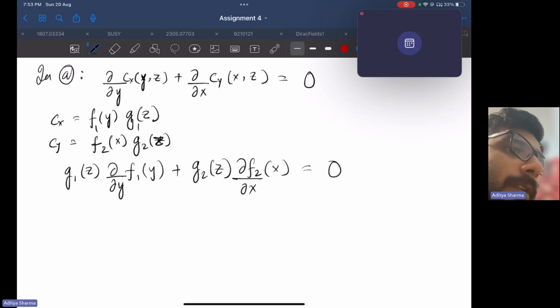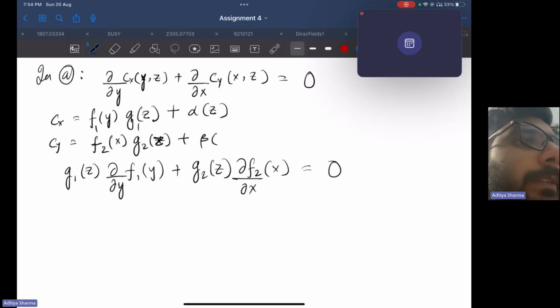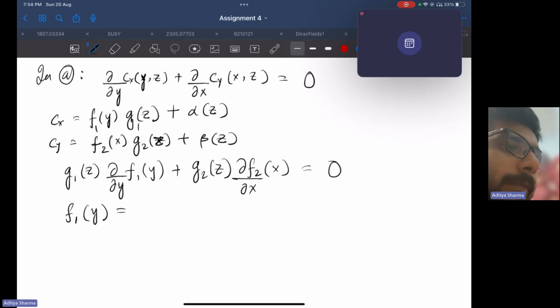Now, since this is a constant, we can always put some function alpha of z plus beta of z. And the reason for doing this is it also satisfies this equation. So this is the most general Cx, Cy. Now we are going to put some condition on this, that f1 of y is equal to y and f2 of x is equal to minus x.